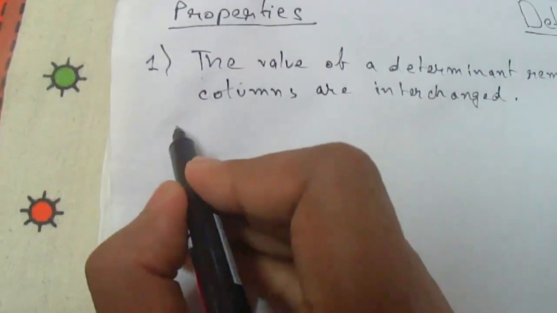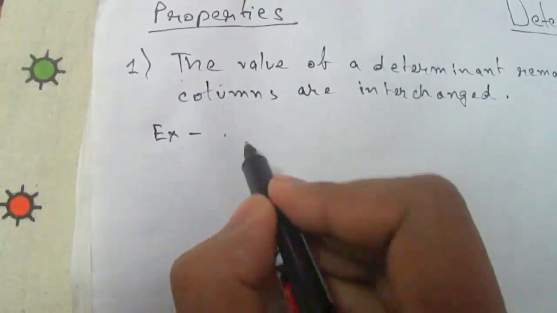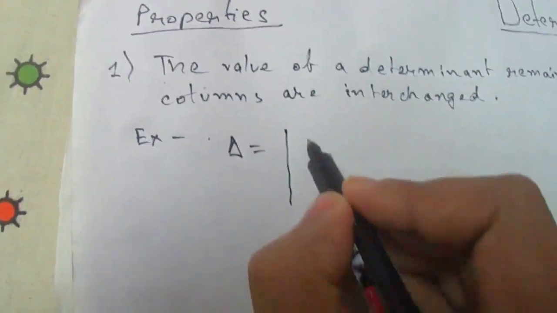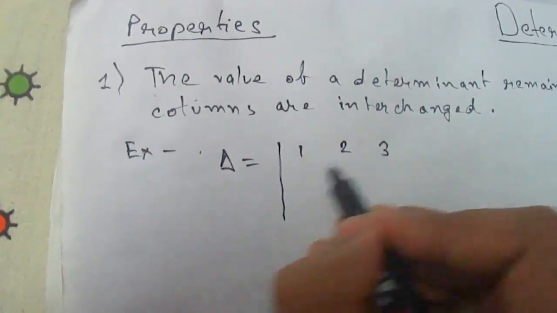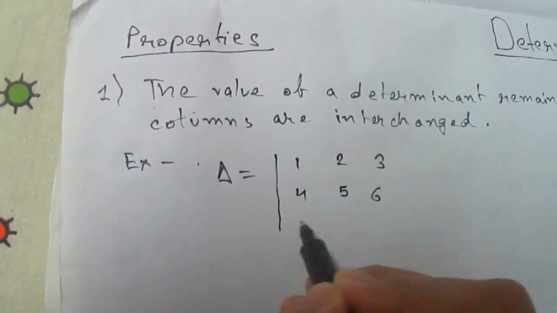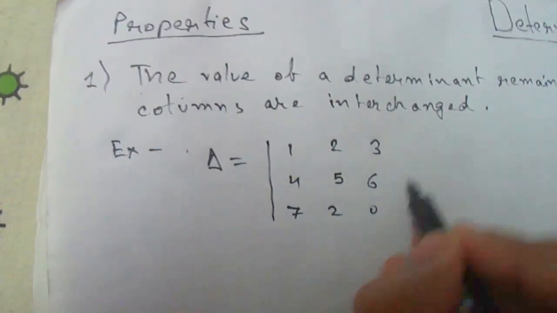So let me explain it. For example, if we have determinant del equals 1, 2, 3, 4, 5, 6, 7, 2, 0.